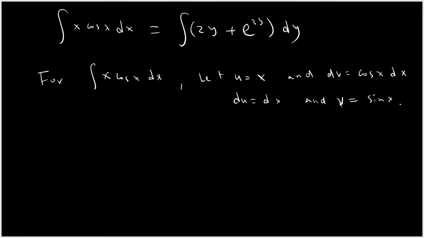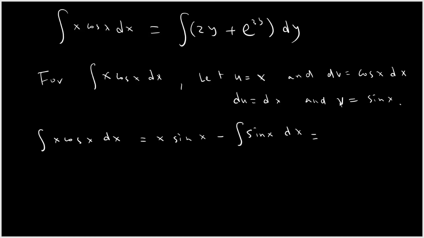Using integration by parts, the left hand side is x cos of x, in the form of u dv, which is the same thing as uv minus the integral of v du. By the parts formula, uv is x sine of x minus the integral of sine of x dx.